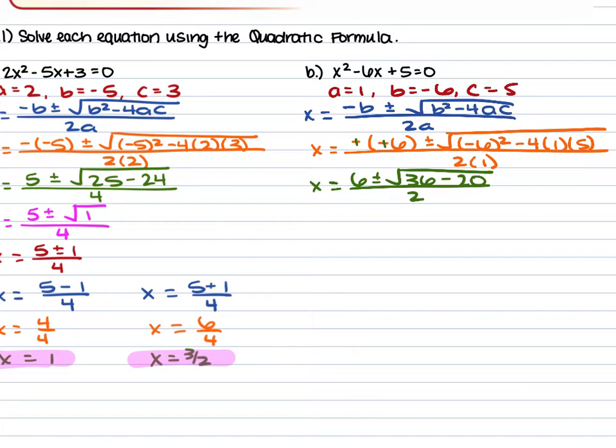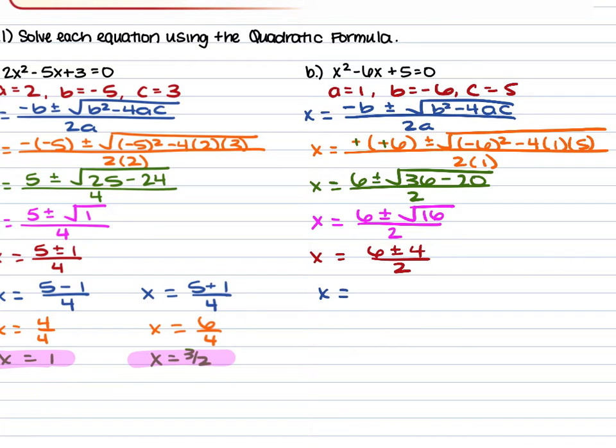The 36 minus 20 underneath the radical is going to give us 6 plus or minus the square root of 16 over 2. The square root of 16 is 4, so x is equal to 6 plus or minus 4 over 2. Since that radical simplified to be a whole number, we're going to separate this into two parts.